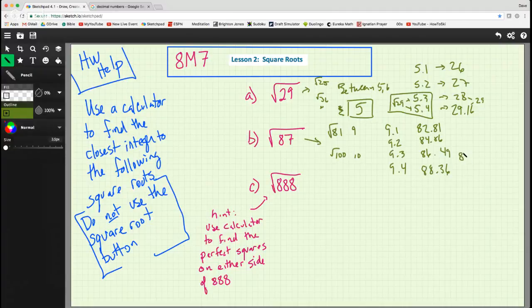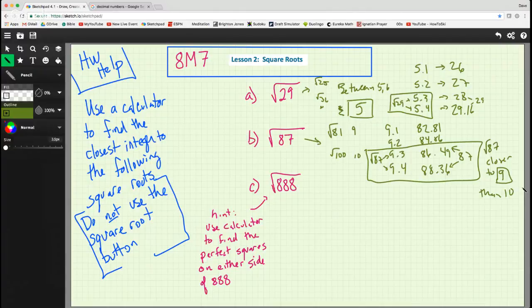Well, here's our 87. Our 87 is between here and here. So the square root of 87 is between 9.3 and 9.4. So the square root of 87 is closer to 9 than 10.